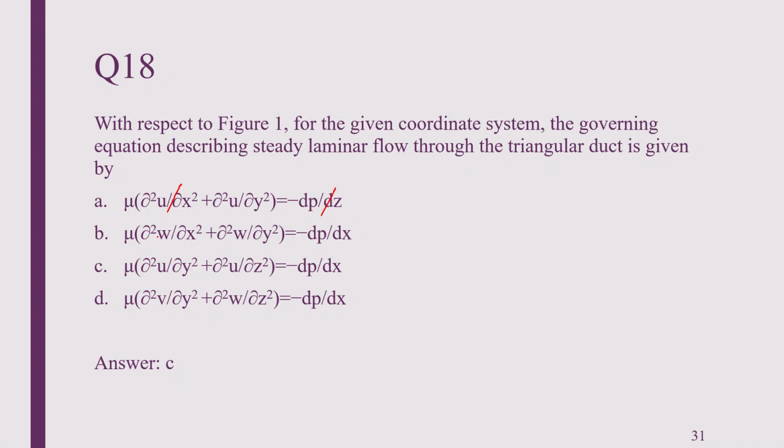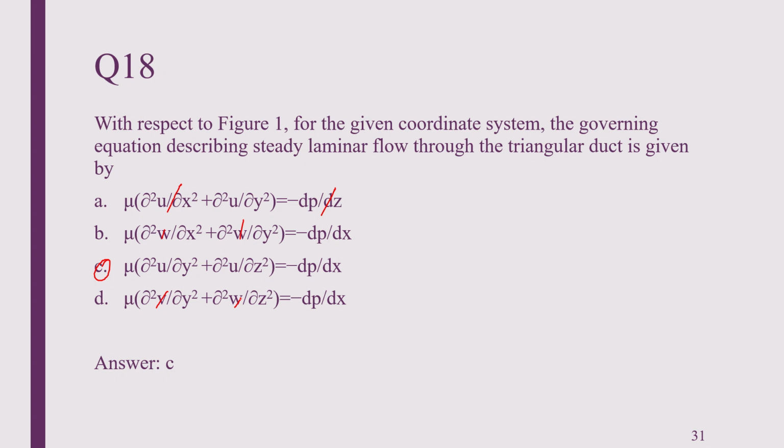In option B, the w velocity component is 0, and option C is the right one. In option D, v and w velocity components are both 0. So option C is the right answer, which is mu into ∂²u/∂y² plus ∂²u/∂z² is equal to minus dp/dx. So question 18 answer is option C.